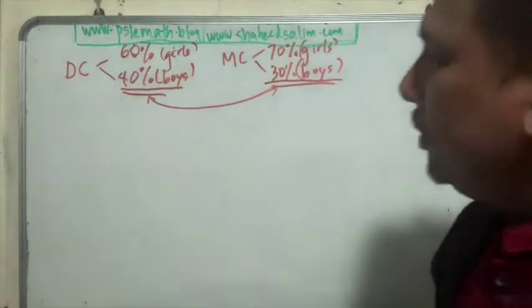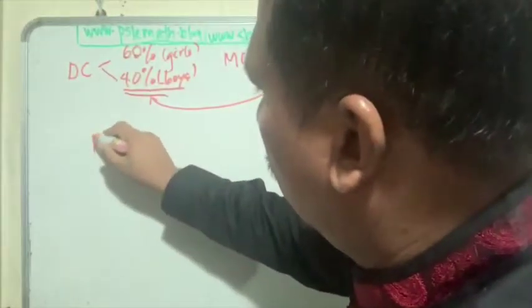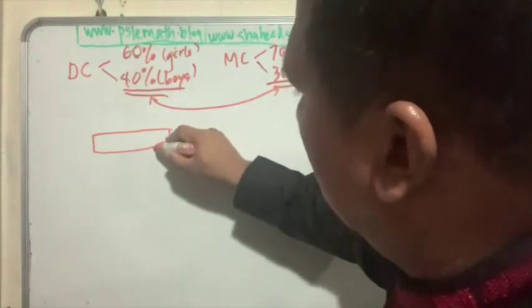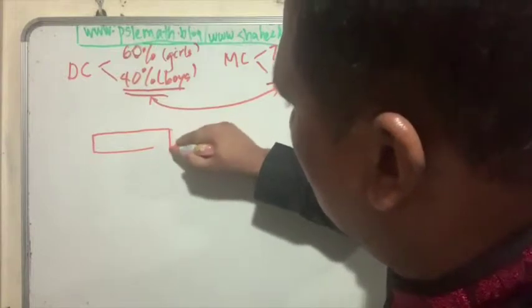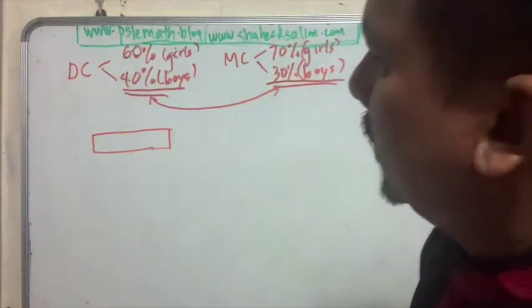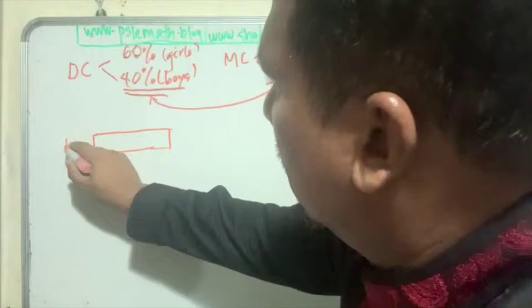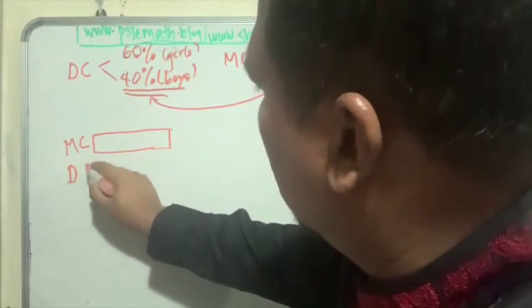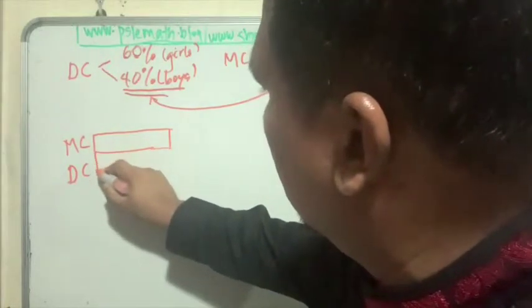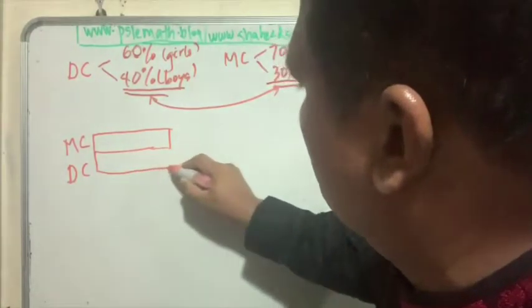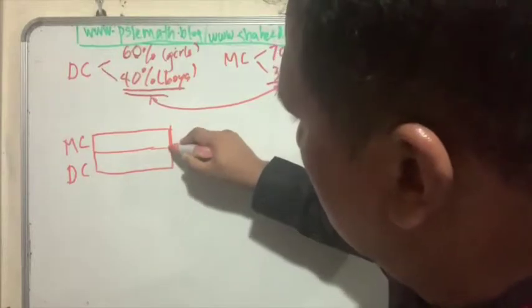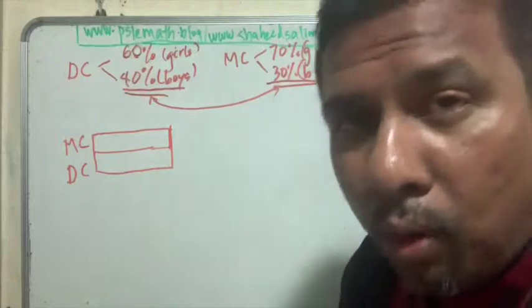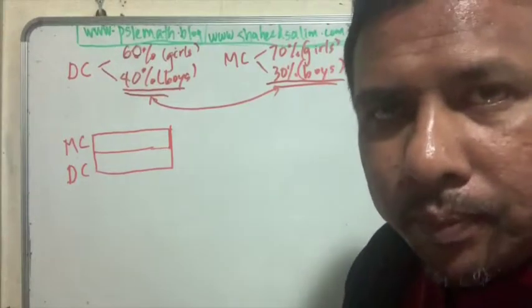So let me draw this rectangle to represent the number of boys in, let's say, the media club, and in the dance club it is the same, because there's the same number of boys in each club.